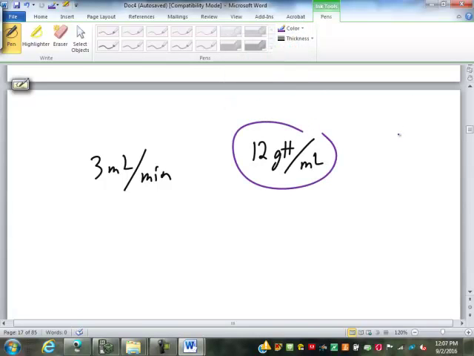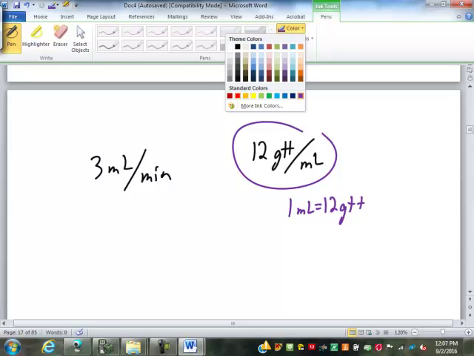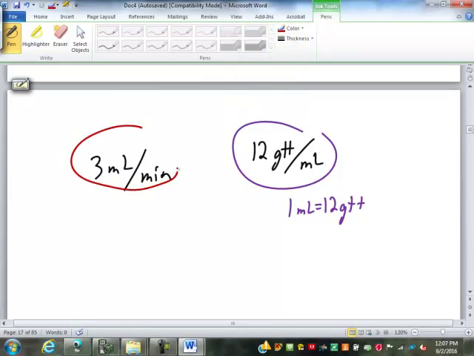What this here, 12 drops per milliliter, means is 1 milliliter equals 12 drops, or contains 12 drops. So if we want to convert our flow rate from milliliters per minute to drops per minute, we can use this idea of fractions. So this is 3 milliliters. 3 milliliters per minute is really 3 milliliters over 1 minute.